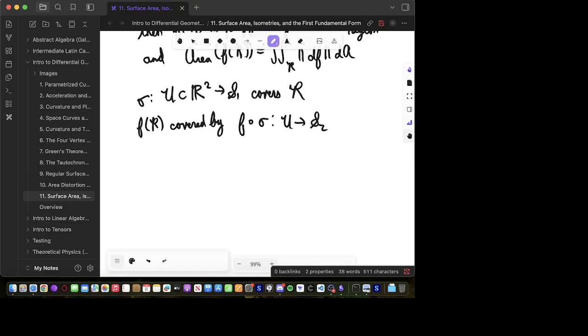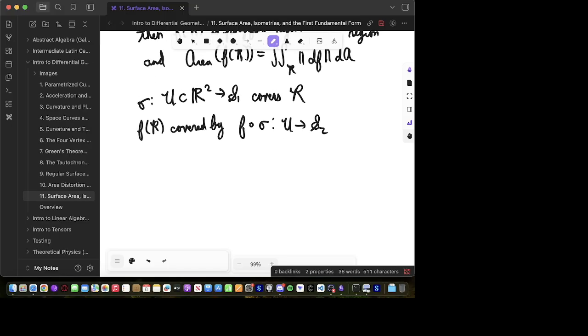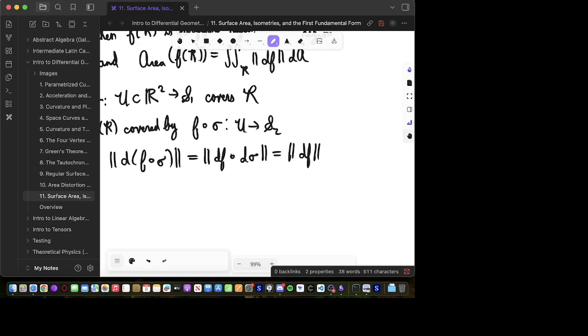Now, we just went over something similar, but note that we have d of f composed with sigma equals df composed with d sigma, which, as I proved before, right on the fly, is equal to that.